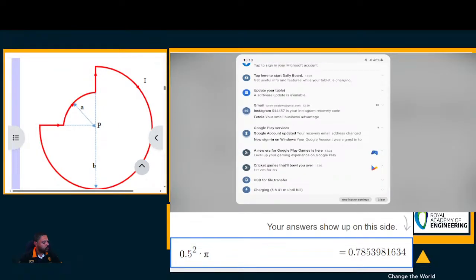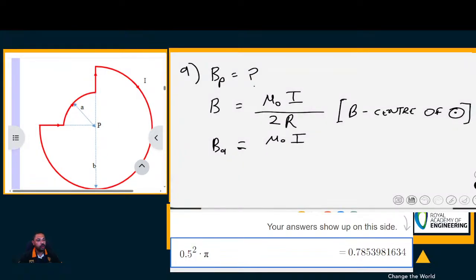Mu naught multiplied by the current divided by 2 times the radius, and in this case the radius is a. But remember, this is only a quarter of a circle.